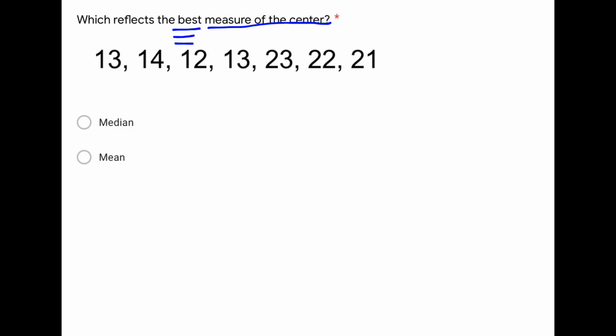But if we have an outlier, an outlier is a number that would be maybe way smaller than the rest. Let's say we had 1 in this data set. That would be an outlier.